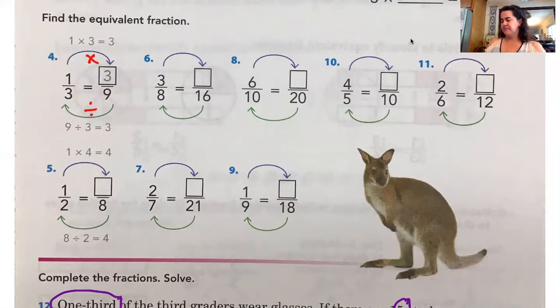Ready? Let's look at number 5. First thing we do is say 8 divided by 2 gives us what? 4. So therefore 1 times 4 equals 4. Okay, and they wrote those ones in for us, friends. I want you to go ahead and take a minute.